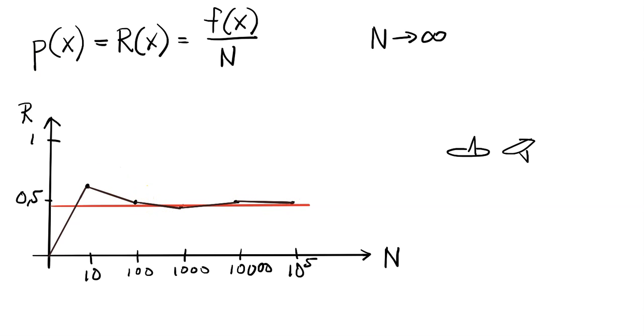So in this case, we see that the relative frequency will start to stabilize at some limit. And let's say here that this limit is 0.47 or whatever. Then we have an estimation of our probability. So the probability of having this pin up, we estimate it at 47%.